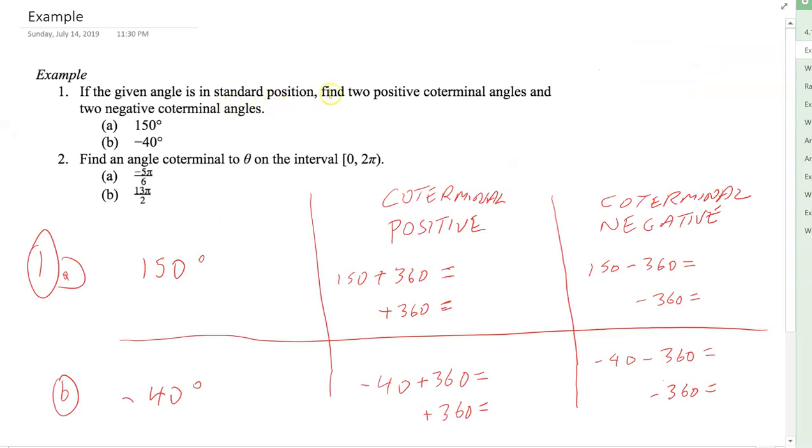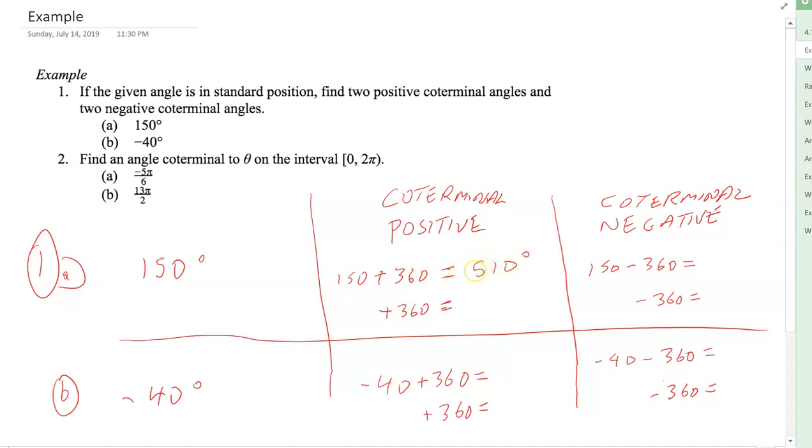If an angle is in standard position, find 2 positive coterminal angles and 2 negative coterminal angles. Here, we're simply finding positive angles. If we start with a positive angle, then we just add 360 to that positive angle. So it's 150 plus 360, and that will give you 510 degrees.